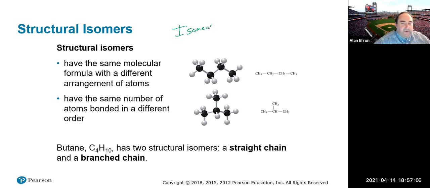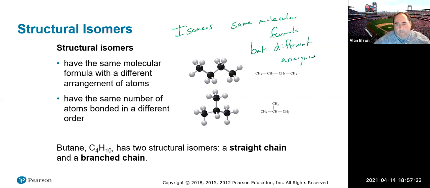So isomers are really structures that have the same molecular formula, but different arrangement. And that's what these 2 guys would be. They are isomers of each other. They have the exact same molecular formula, but different structure.